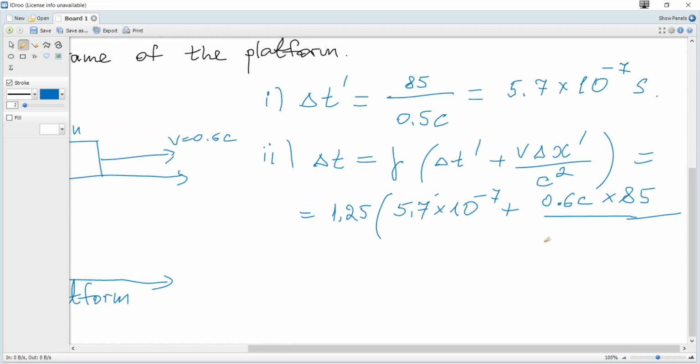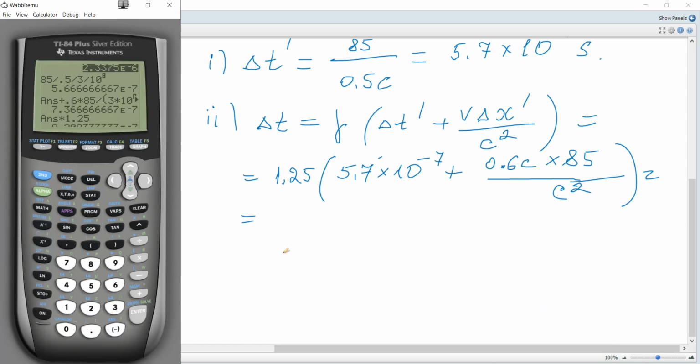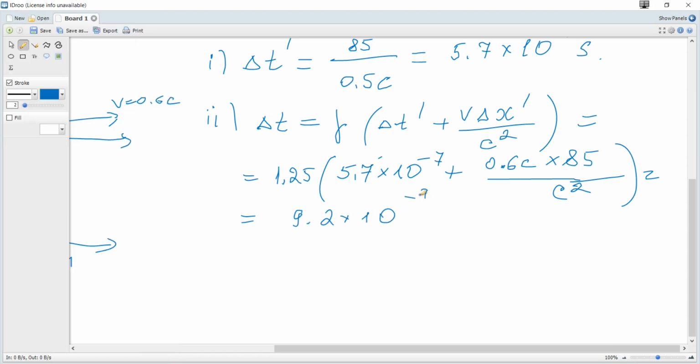Notice that in general the train can be moving to the left, and then v will be negative, but delta x primed will also be negative, because the change in coordinates is to the left, and minus times minus gives the same plus here. Divided by c squared and multiplied by gamma, finally it's 9.2 times 10 to negative 7 seconds.